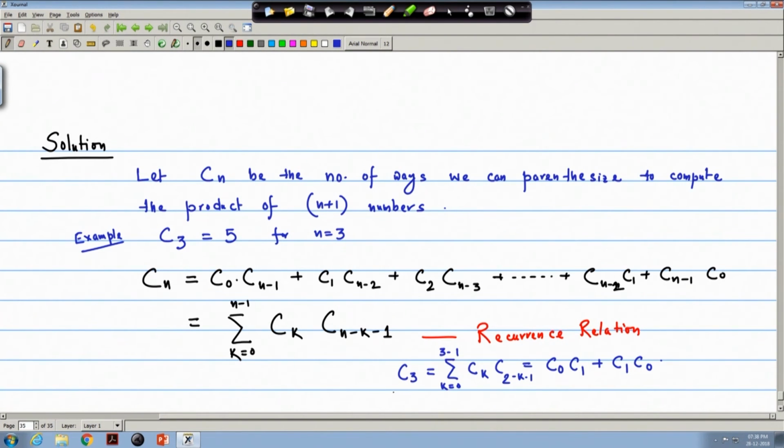In this way, our solution must satisfy the recurrence relation.